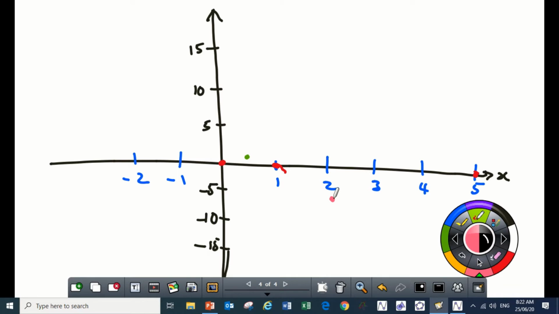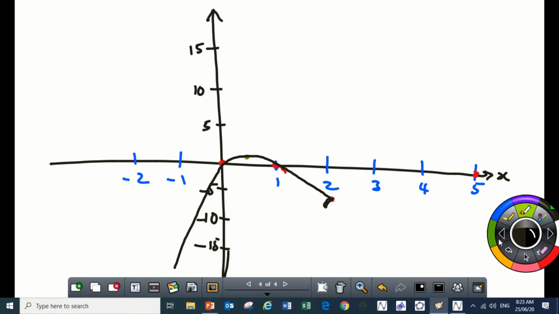Okay, so let me sketch it now. Remember, when you are sketching, it's freehand. My other turning point has disappeared. So that's somewhere there, 3.53.